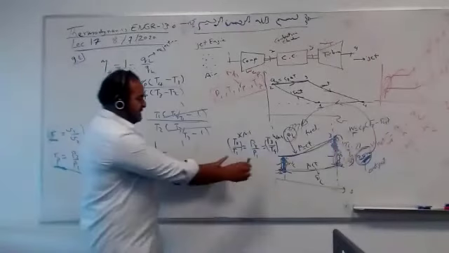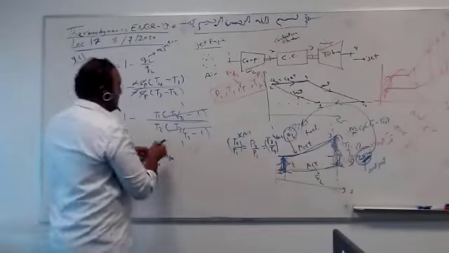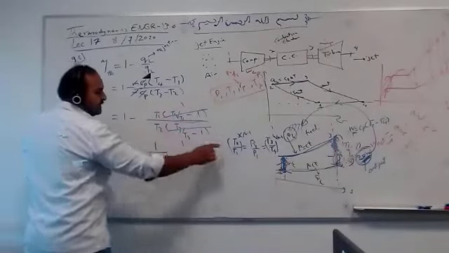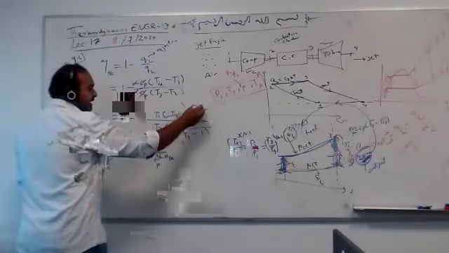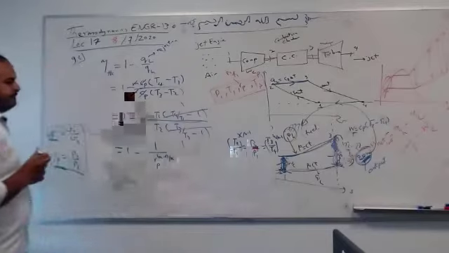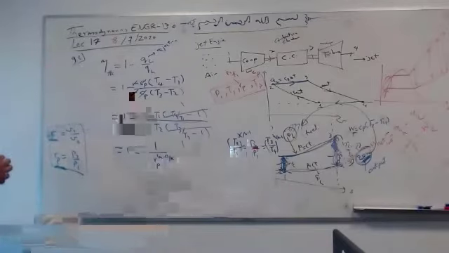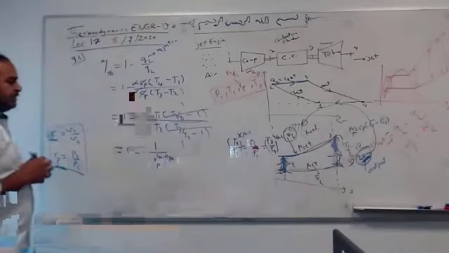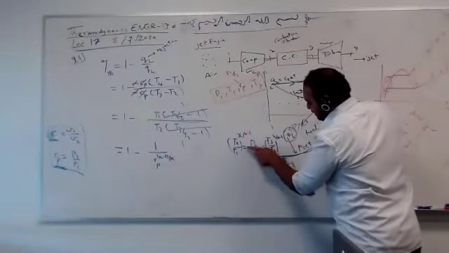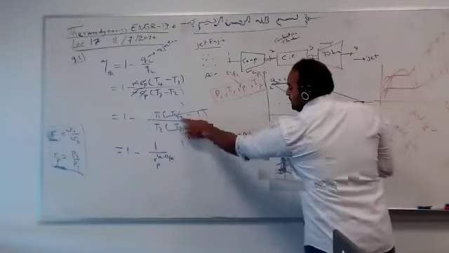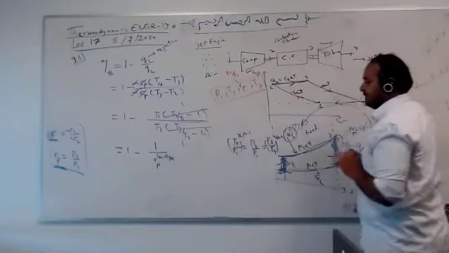So this pressure ratio is the same, which equals T3 over T4 to the power K over K minus 1. If you equate this with this, you will see this guy cancels this guy. T4 over T1 equals T3 over T2, so this guy equals this guy. It's a ratio. If you remove these powers and replace T3 down, T1 up, you will see this ratio minus 1 equals this ratio minus 1.